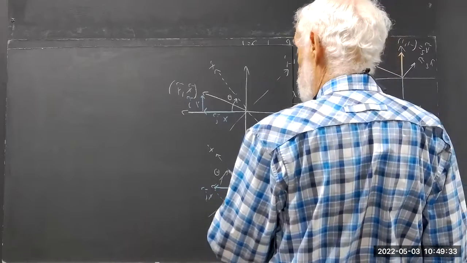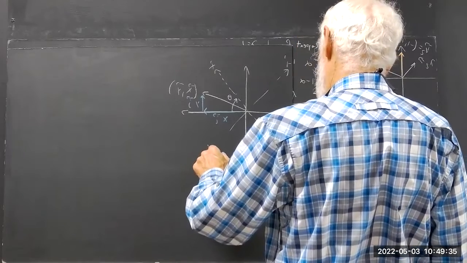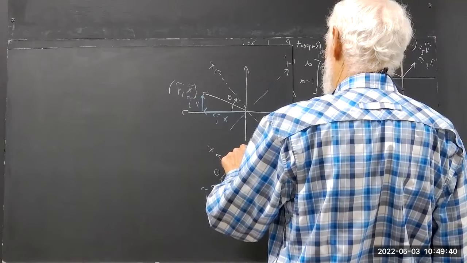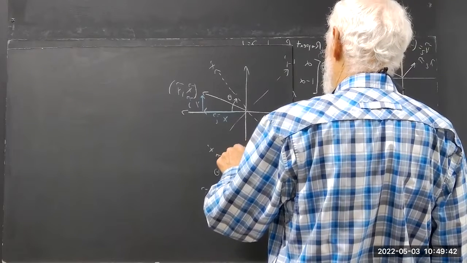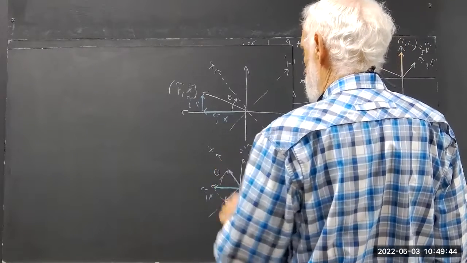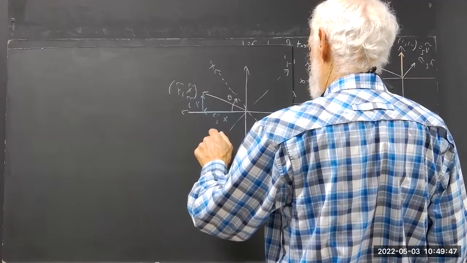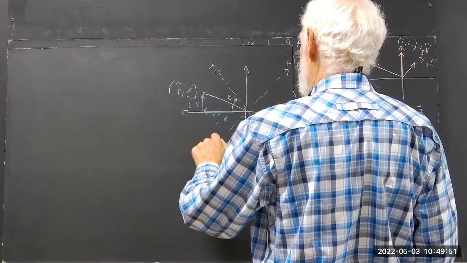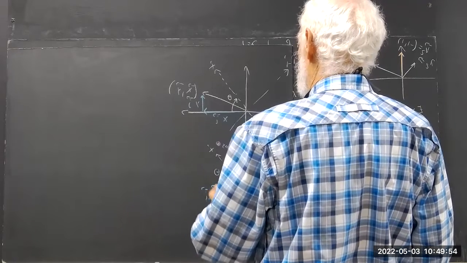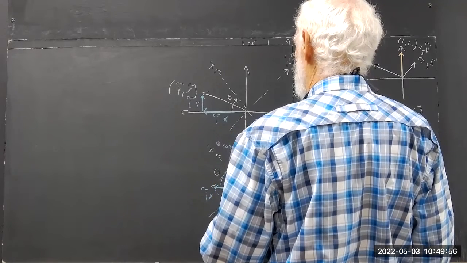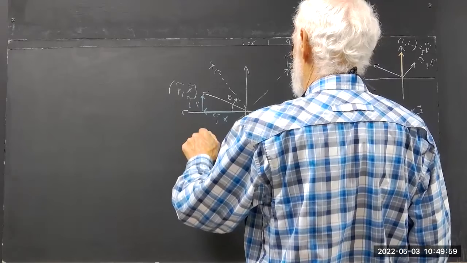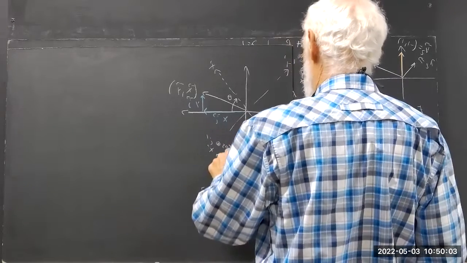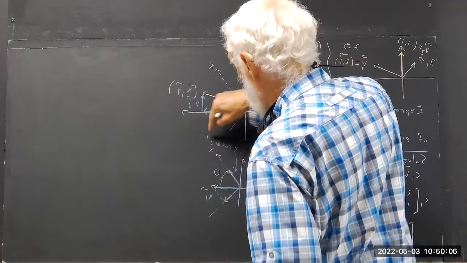So this vector is just x cosine theta times i prime.